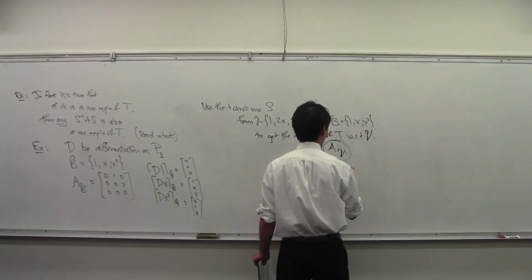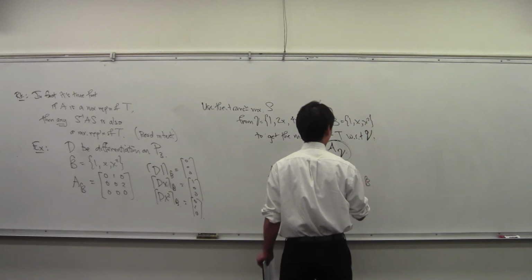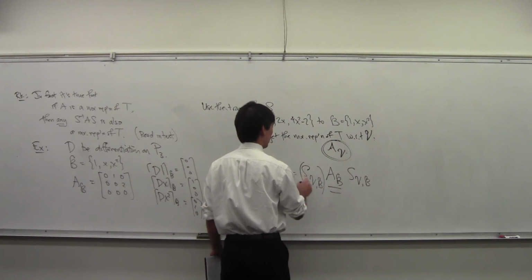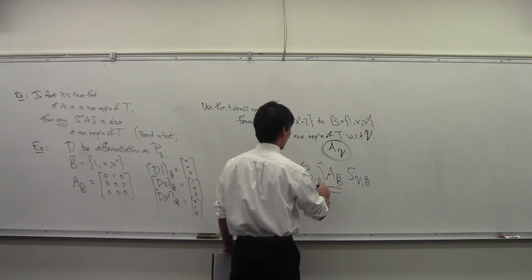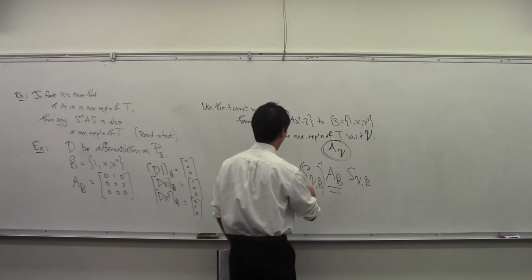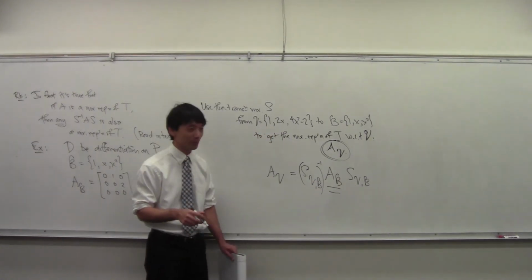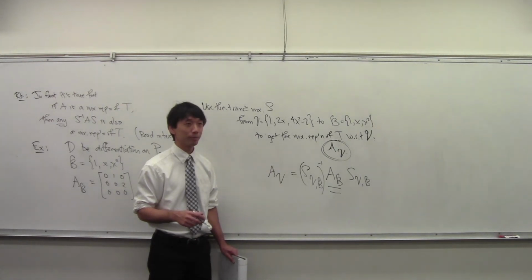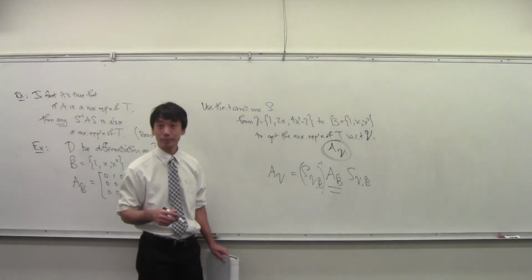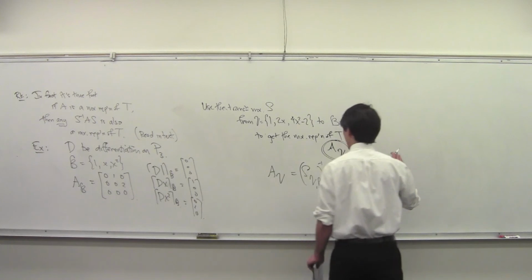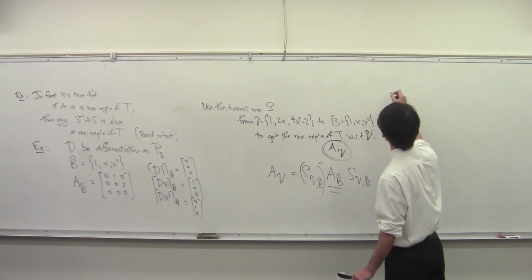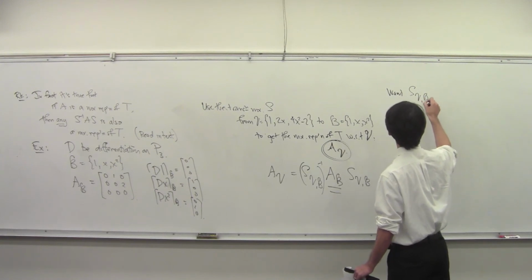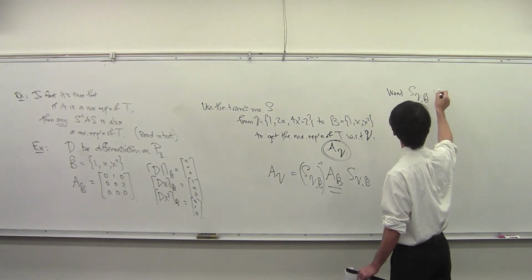Well, you need to multiply by the guy that goes from V to B, and the guy that goes from B back to V. Okay. So what do you do? We want S sub VB.